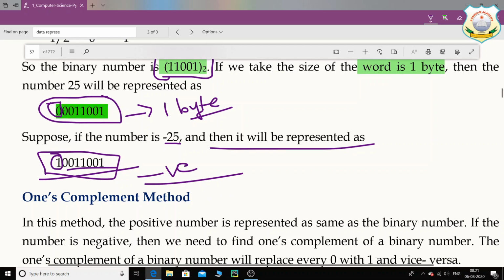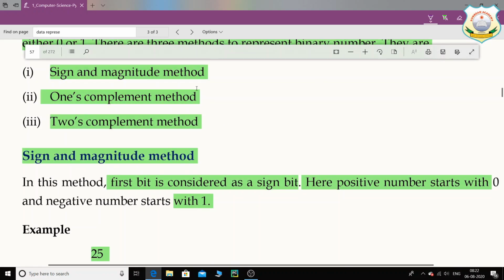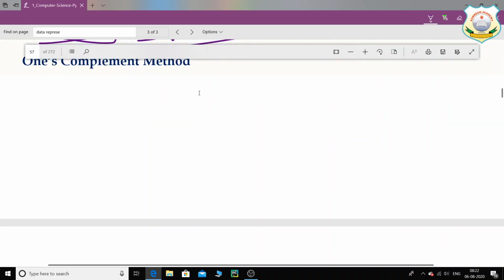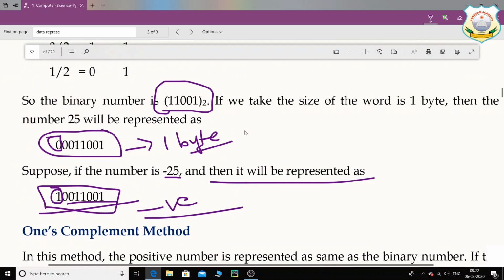So 0 represents a positive number and 1 represents a negative number, and that technique is called the sign and magnitude method. That's the first technique, and it's pretty simple to understand.